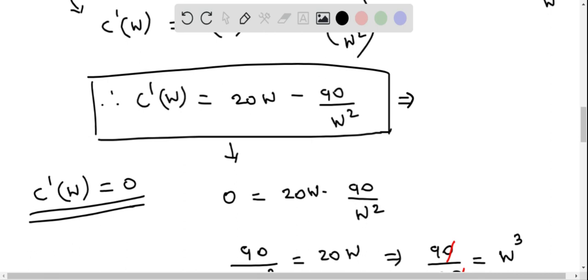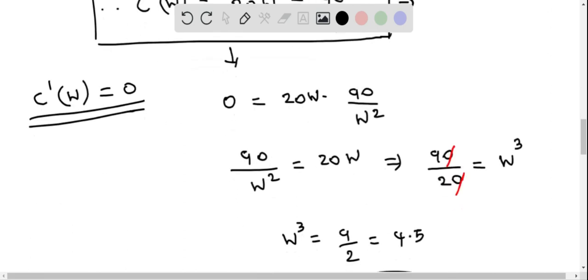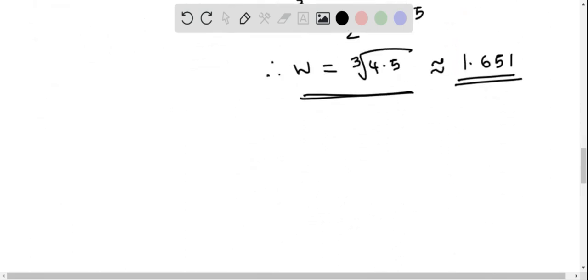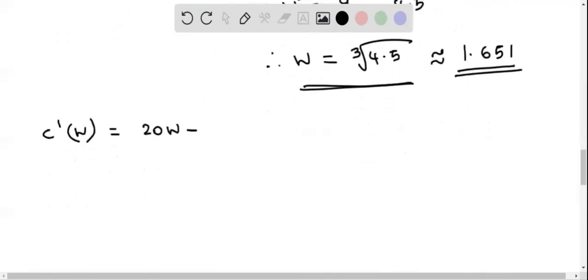So we have to check that either by continuing with the first derivative sign chart or by using the second derivative test. So let's find the second derivative. Let me copy it over here. I have C prime of W, that is the first derivative of the cost function, which is 20W minus 90 by W square.